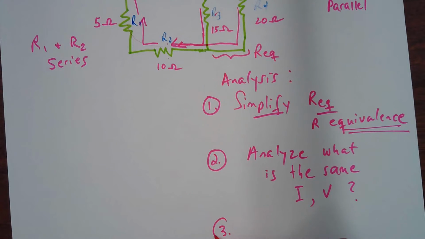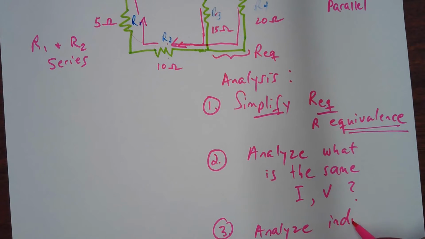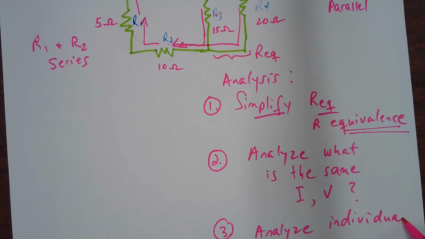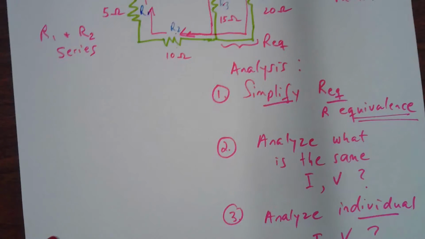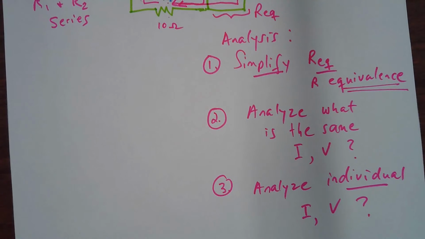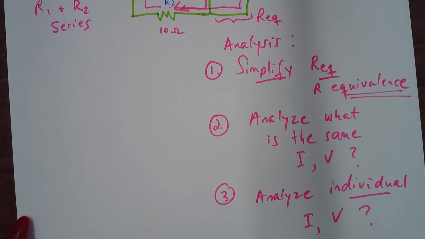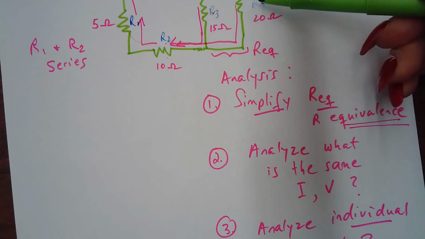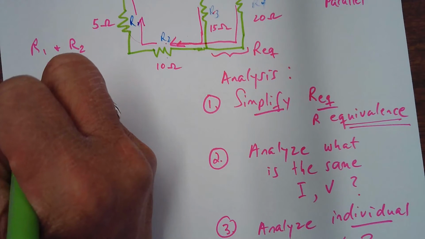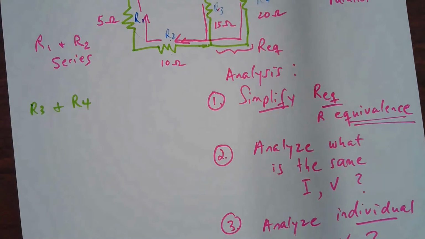And then step 3, you're going to analyze the individual ones, the individual I and the individual V. Those are basically the 3 steps, and we're going to go through those 3 steps as we analyze this circuit. Step 1, let's simplify what we can. I'm going to combine R3 and R4 first.